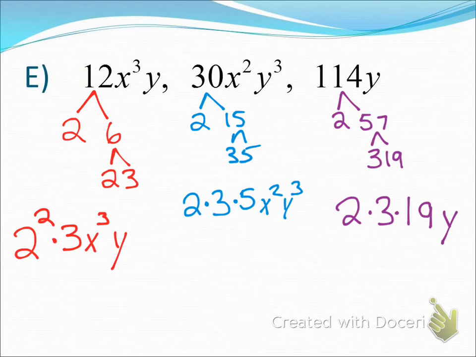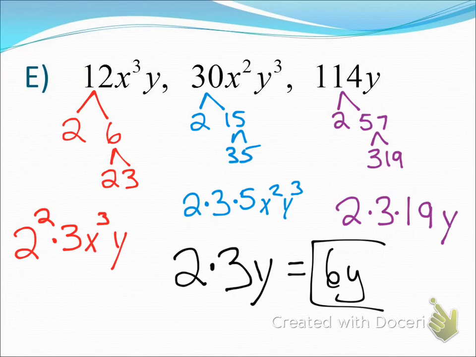Then what? 2 times 3, which is 6y. We did it.